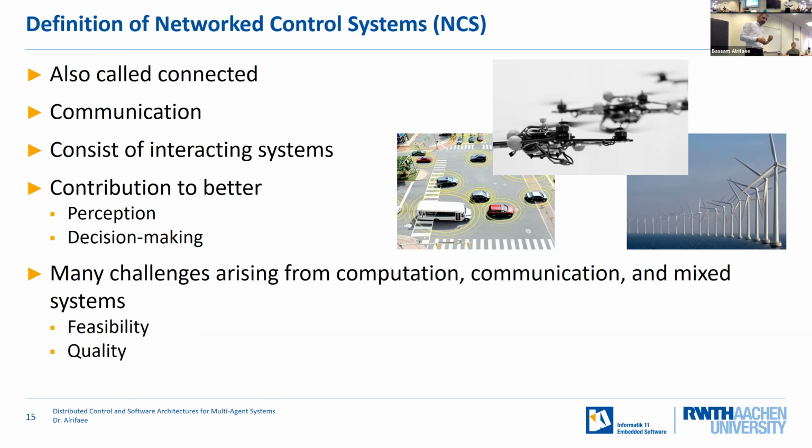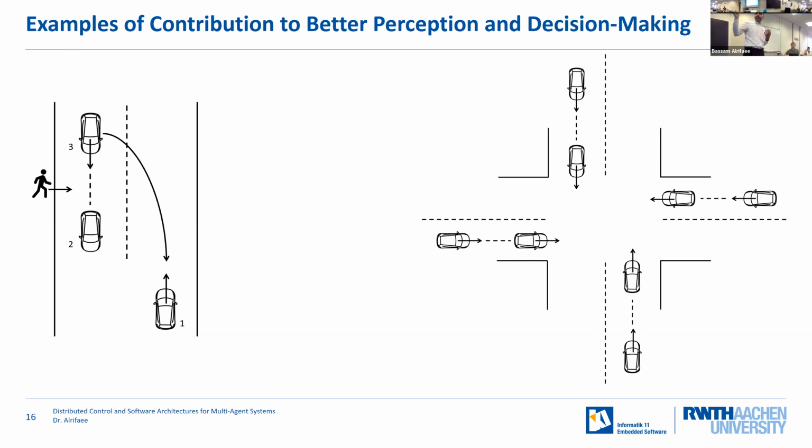I show you now 2 examples, one from perception, one from decision making. From perception, assume this vehicle is going to drive in this direction, and this vehicle in this direction, and this vehicle is standing. This pedestrian is going to cross the street, but the sensors of vehicle 1 will not be able to detect the pedestrian.